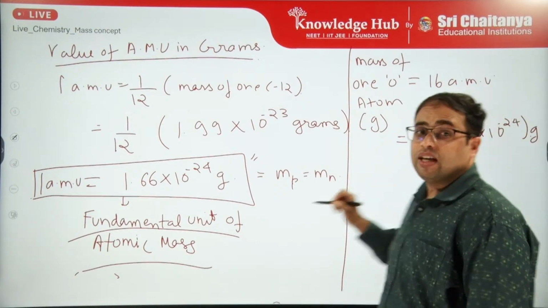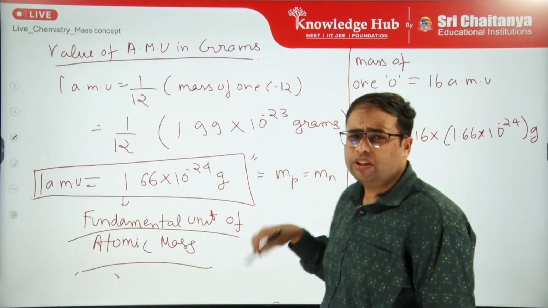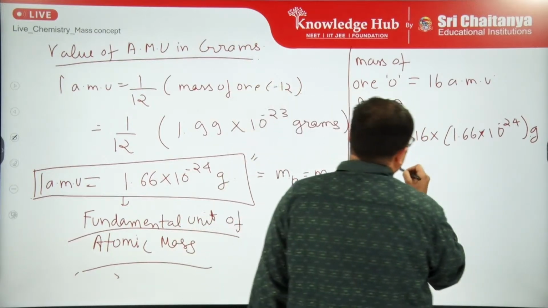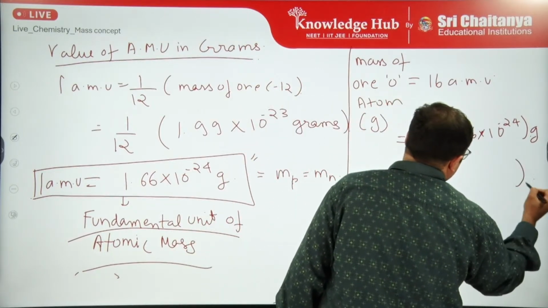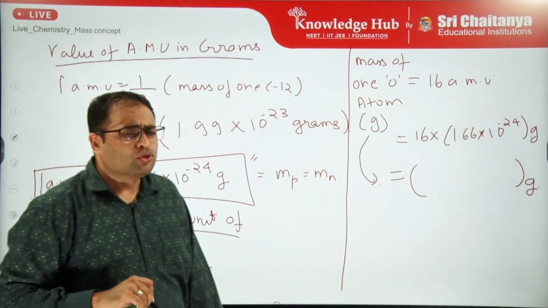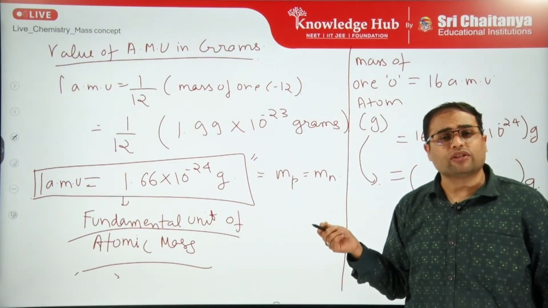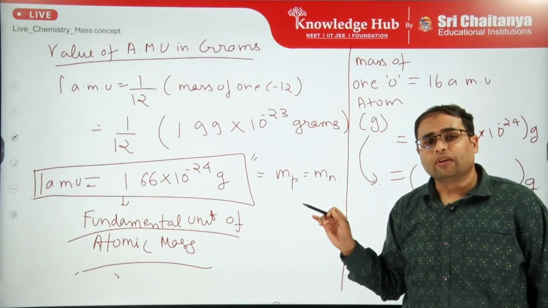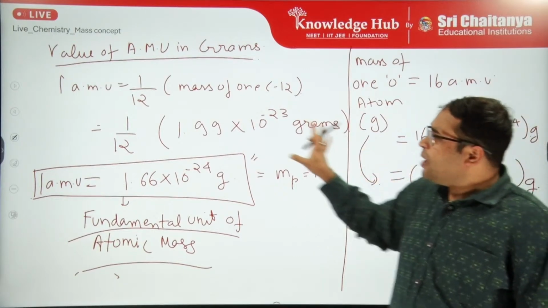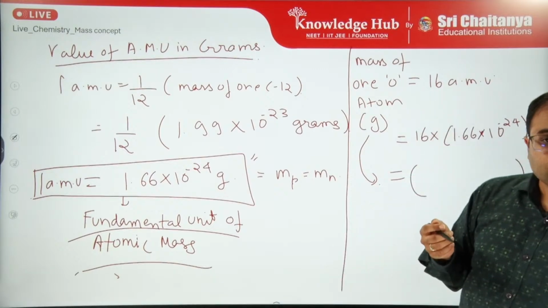So these many grams is the mass of 1 O atom. Just calculate this value. There is nothing big in this. So are you getting a feel of this atomic mass and this AMU concept? Everyone? Right? So that is what I mean by AMU, the unit of atomic mass.